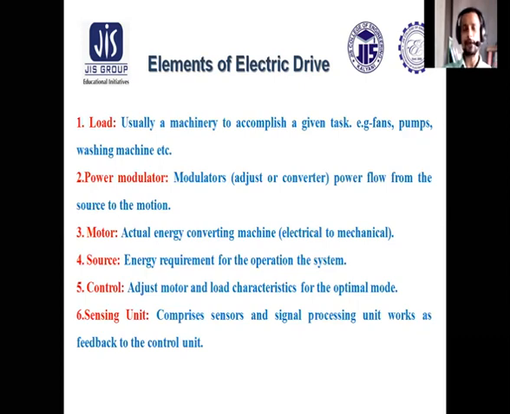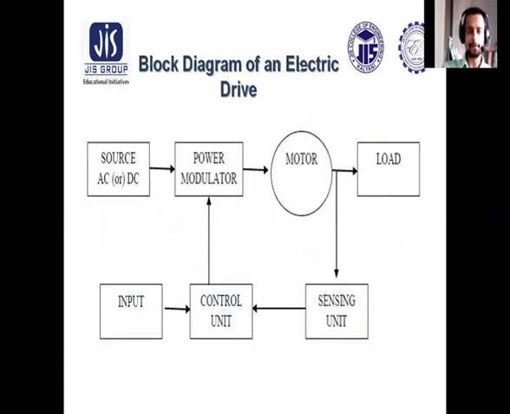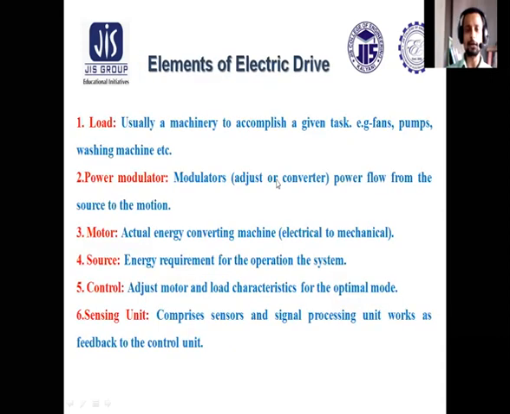Suppose you have AC supply here, but this motor to be run is DC. So a DC motor should accept DC power. So this power modulator can also convert AC input voltage into DC voltage. So this power modulator not only modulates power, it also converts whenever needed.